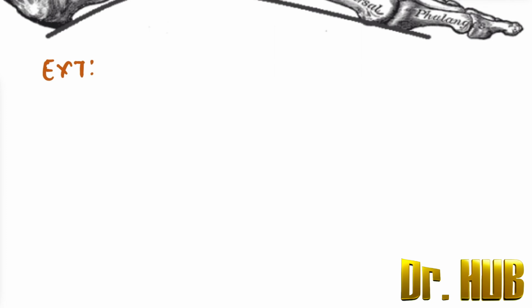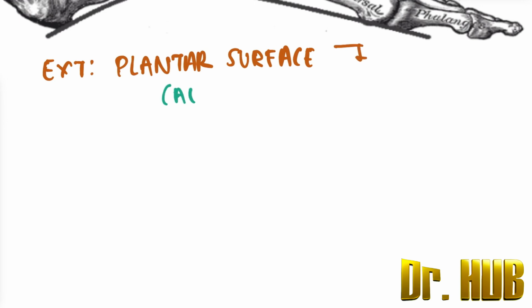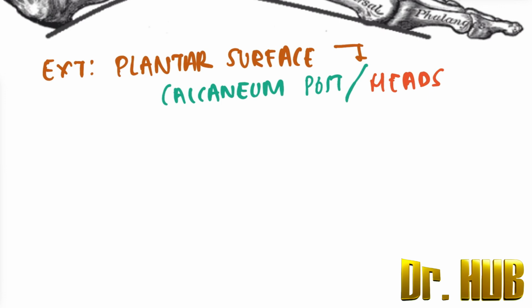Under extremities, for the lateral longitudinal arch, it is the plantar surface of the calcaneum posteriorly, and the heads of the fourth and fifth metatarsals anteriorly.